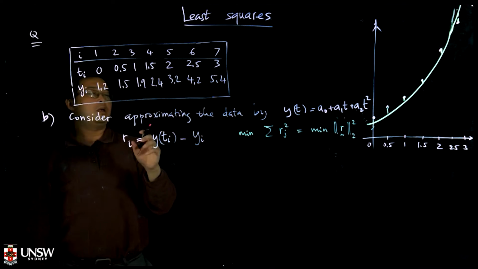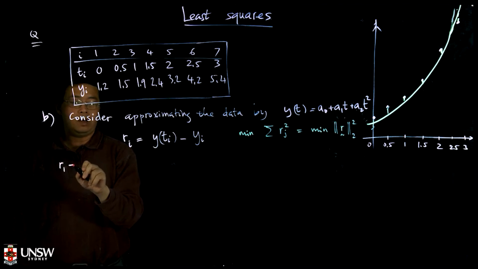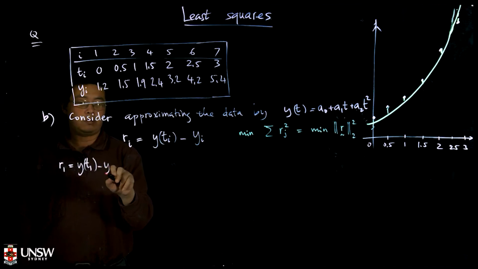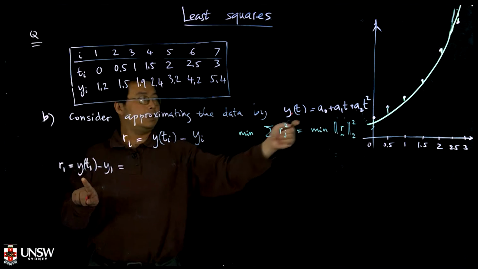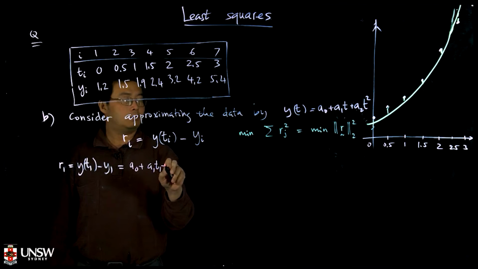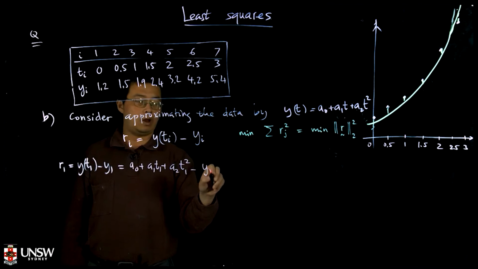So how do we do that? We have to write down R1 is y(t1) minus y1, and in our case y(t1) is a0 plus a1 t1 plus a2 t1 squared, minus y1.